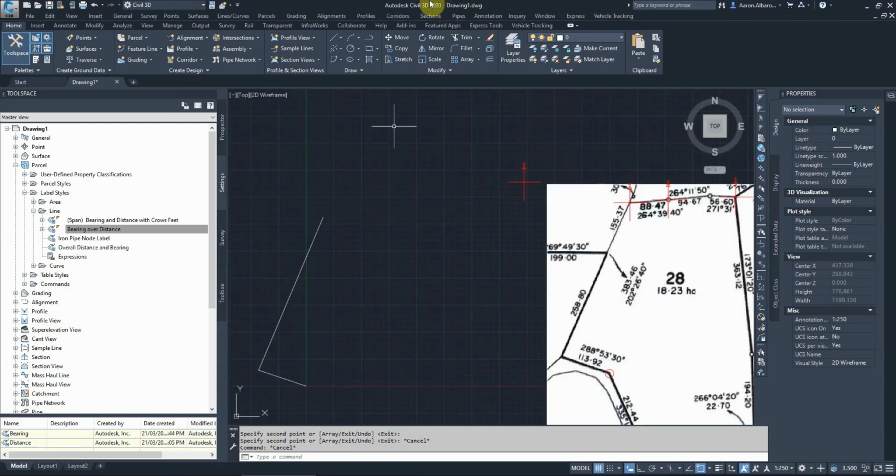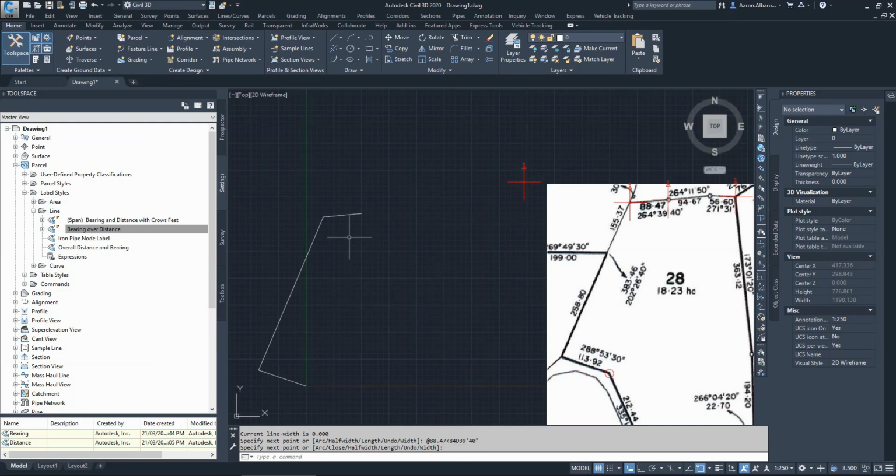So if I go back to polyline and starting from here, I'll go 88.47 at an angle of 84 degrees, and 39 minutes. That's it. Sorry, there's 40 seconds, and enter, and that drew the line correctly.